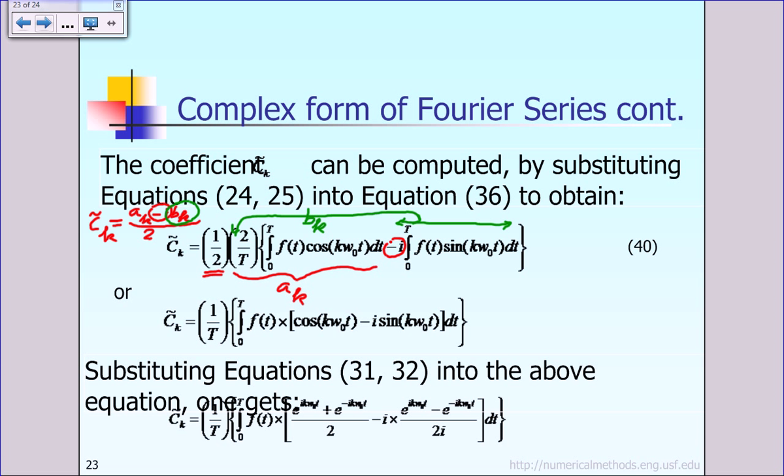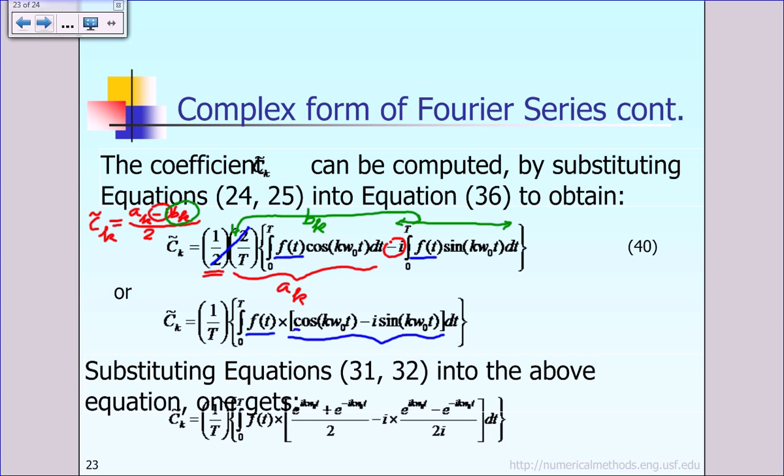So equation 40 we can simplify a little bit, and the reason is because you can see these two cancel out, so the factor becomes 1 over t, and then inside the integral you can factor out the term f of t. So what you have left from equation 40 is this term right here in the square bracket. And then finally, we can use the Euler formula.